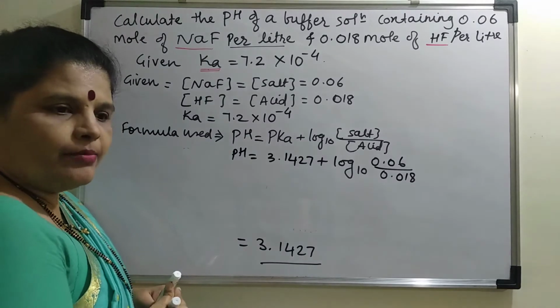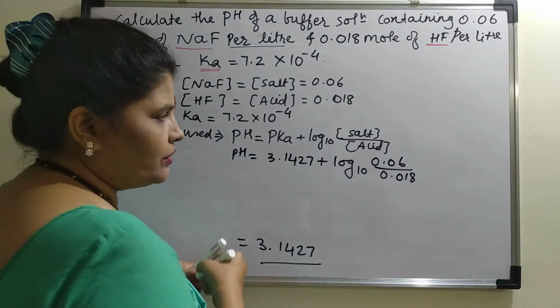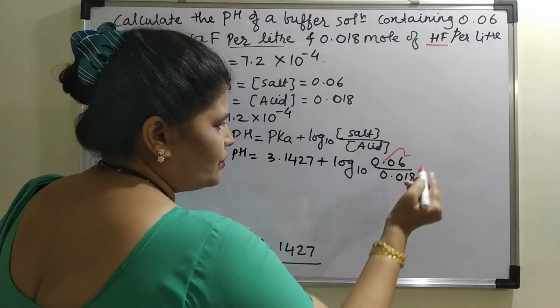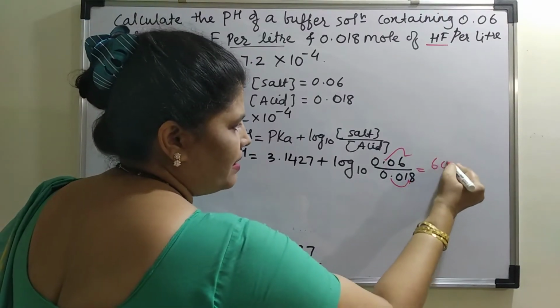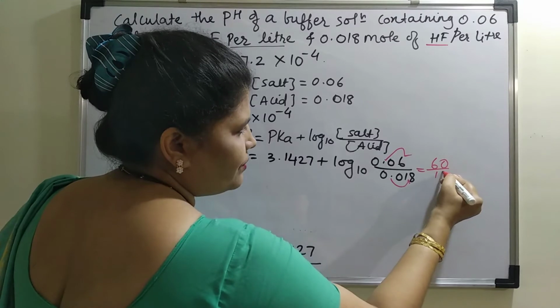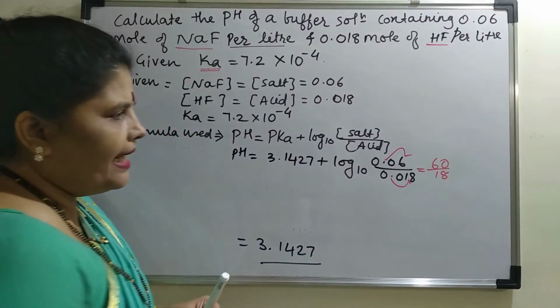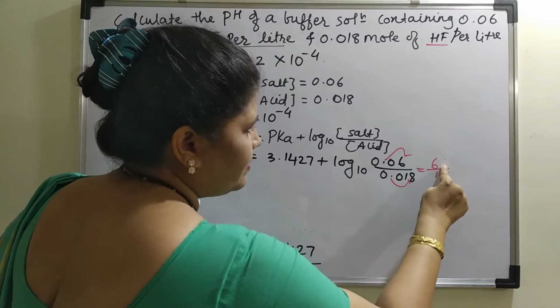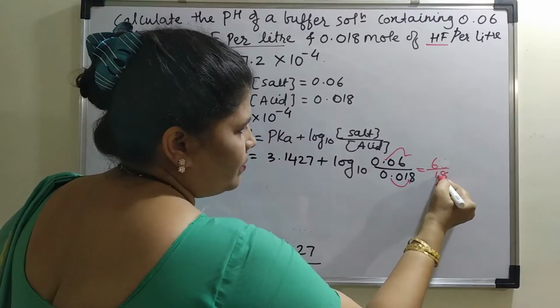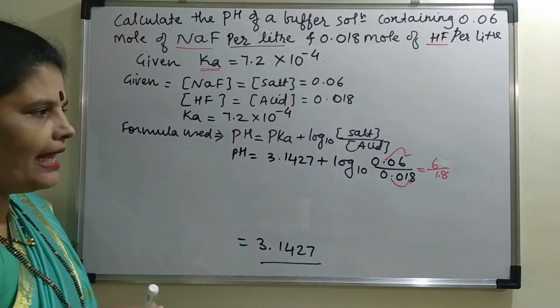Always prefer to remove the decimals for the calculation. It becomes easy. Two places to this side and two places to this side. So I can write this as 60 by 18. Right, students? So how much do you get there? Please do the calculation. You will get 1.6 upon 1.8. That will be the calculation.